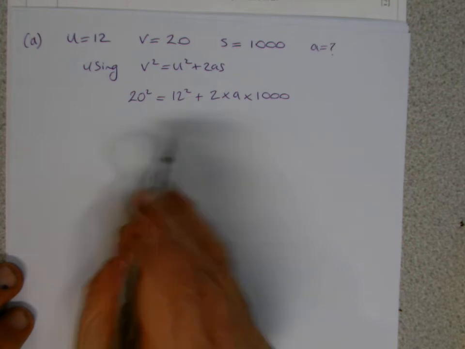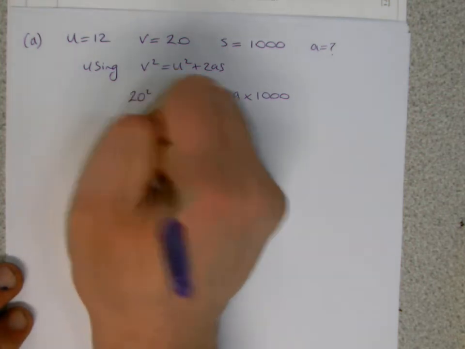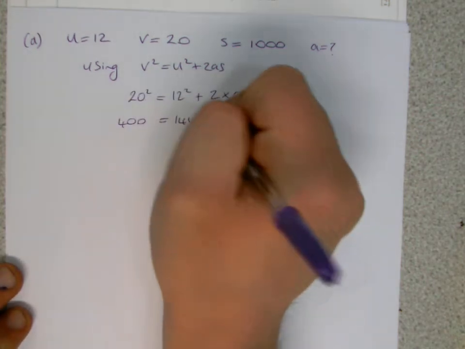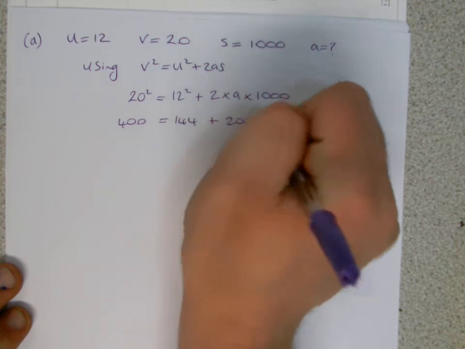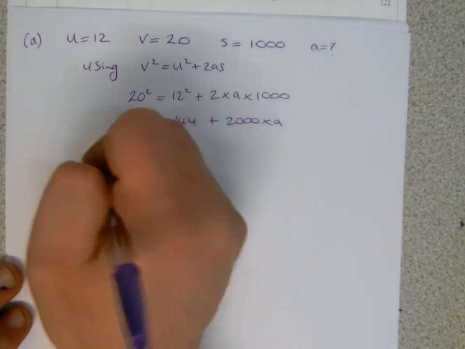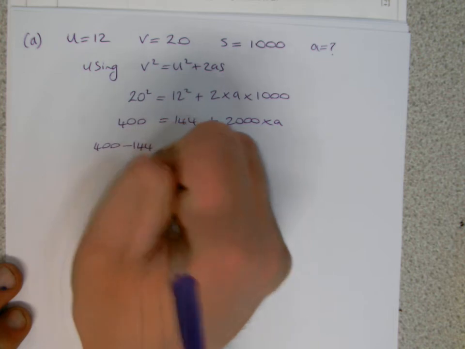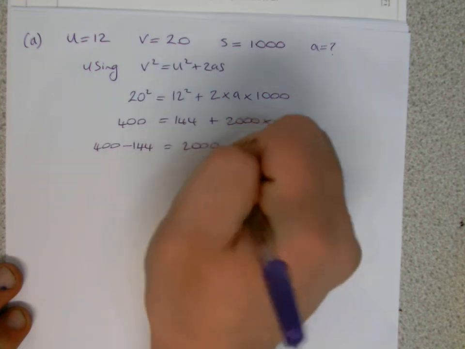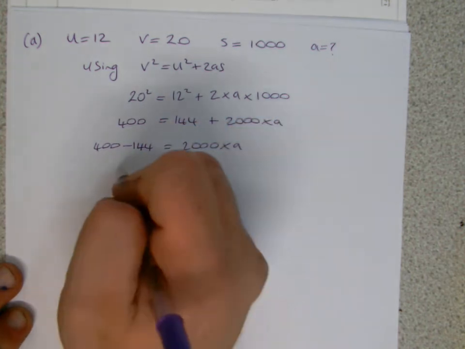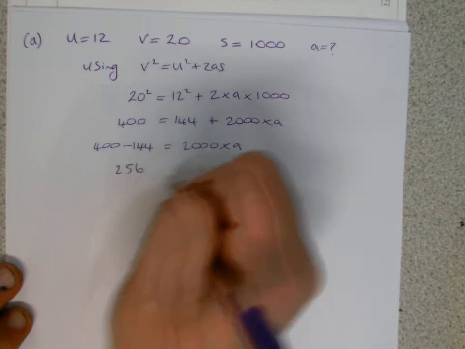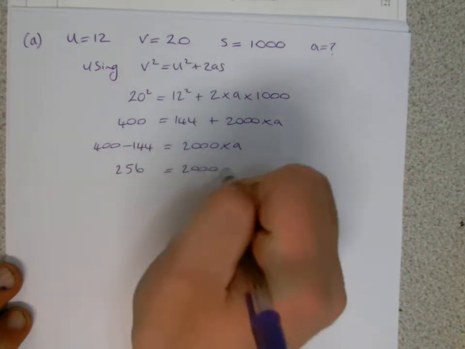So we can work these out separately if we want. That's 400, that's 144, and that will be 2,000 times a. Take the 144 over, so 256 equals 2,000 times a.